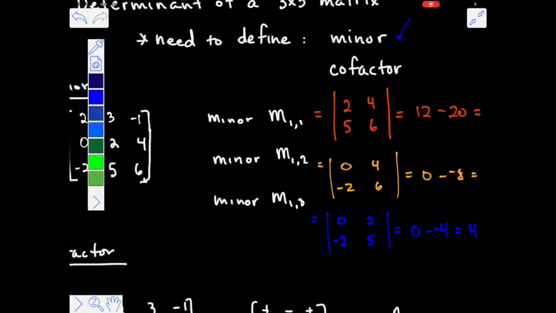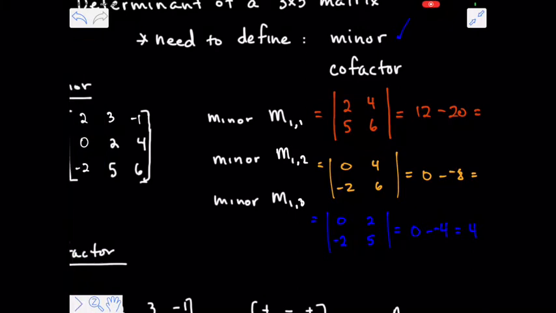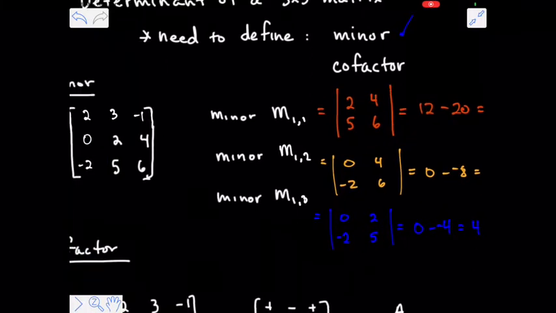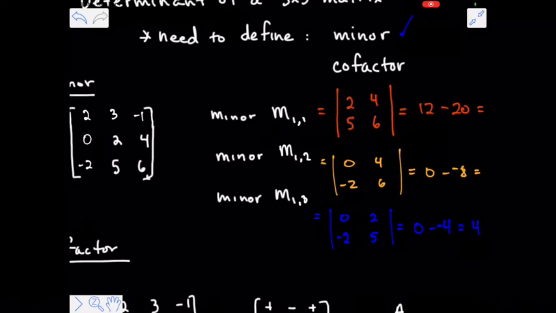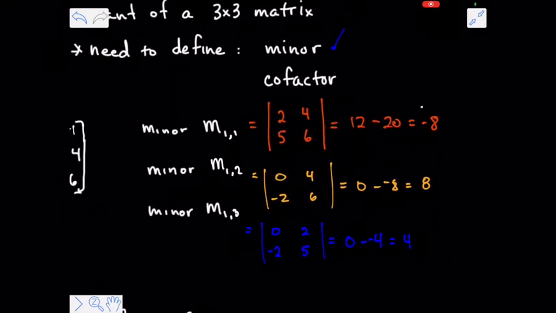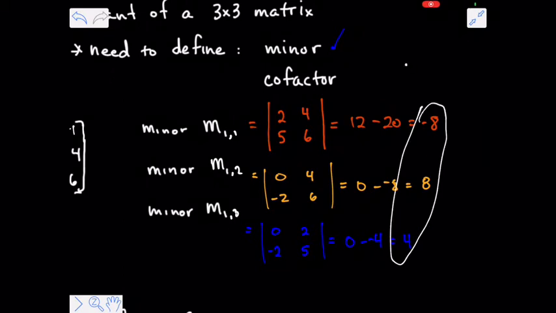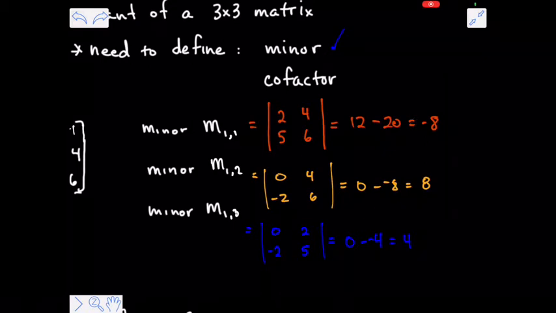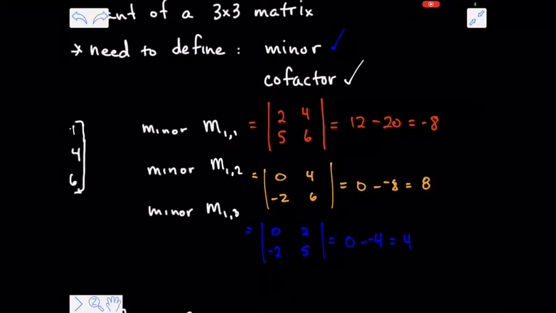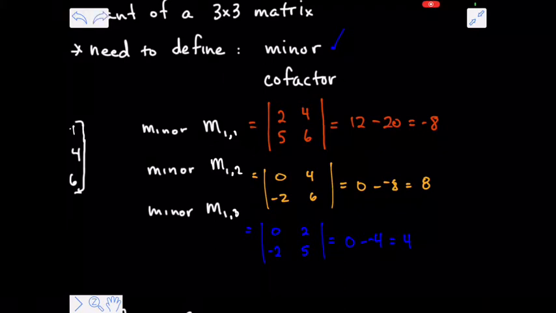Now, cofactors. Really all a cofactor is a minor, which are these values here. These are all minors. A cofactor is just a minor that's been multiplied by either 1 or negative 1. So once you calculate the minor, to find the cofactor, you either multiply that minor by 1 or by negative 1.